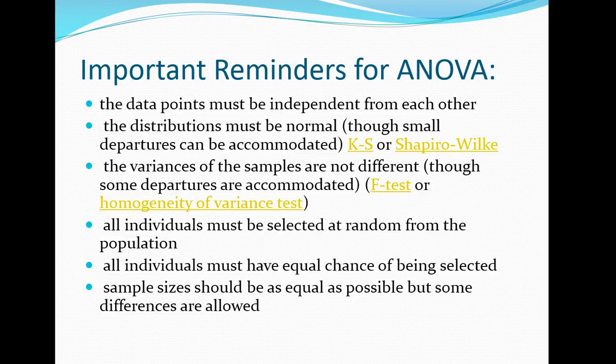So this brings you to the slide that reminded you about ANOVA. In ANOVA, it requires that the variances of the samples are not different, though some departures are accommodated.